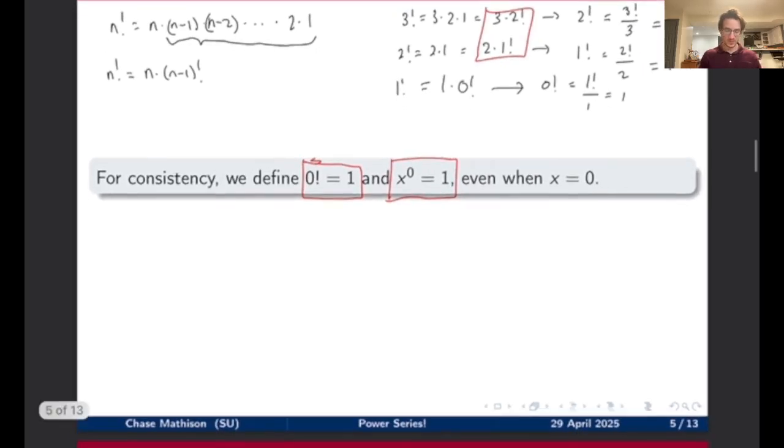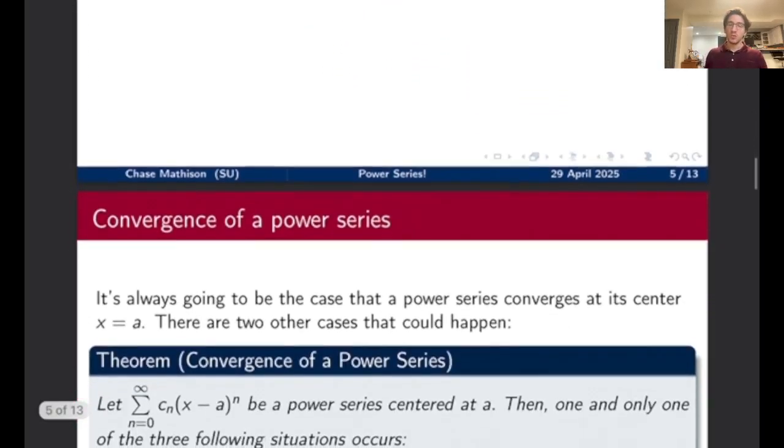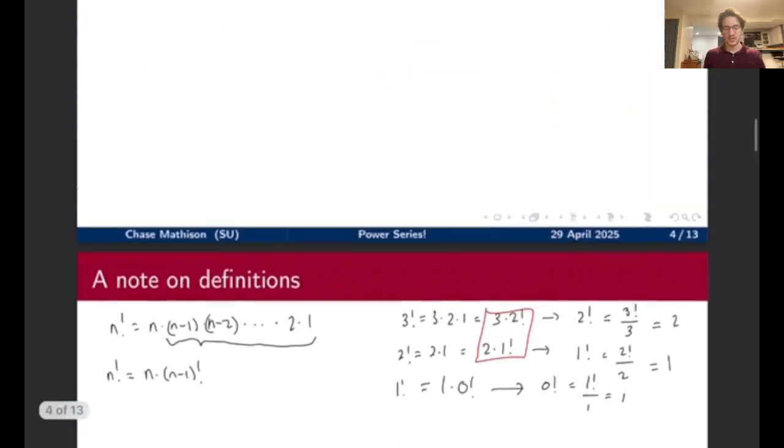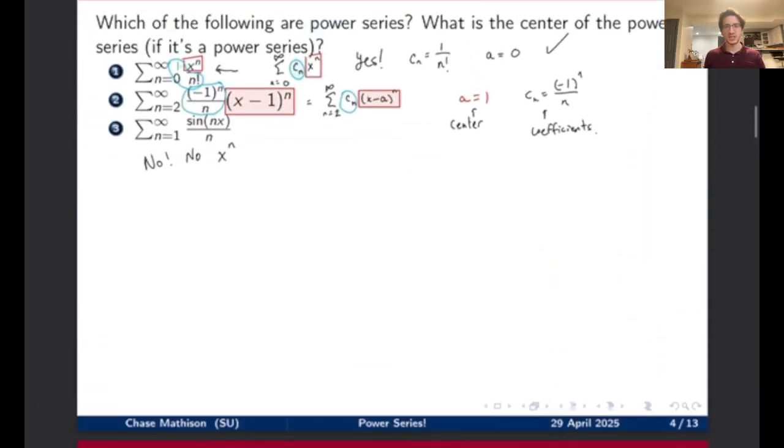Okay. All right. So one of the things we're most interested in this class is, if I write down some power series like these, for what x's does the series converge? In other words, we developed a bunch of tests last week.